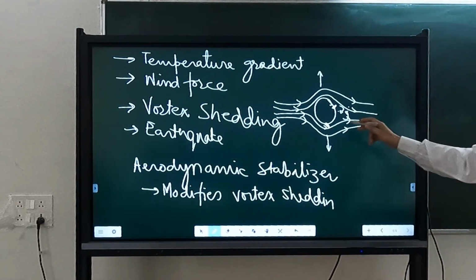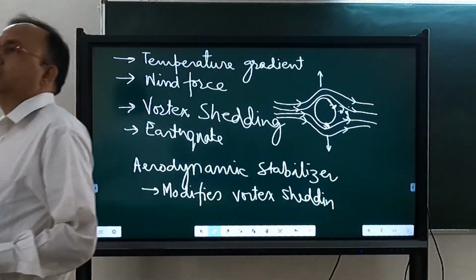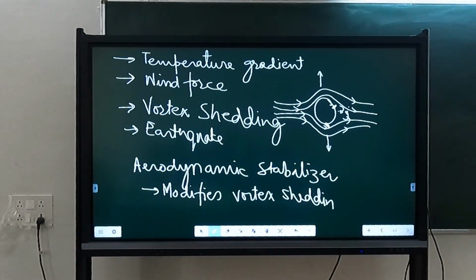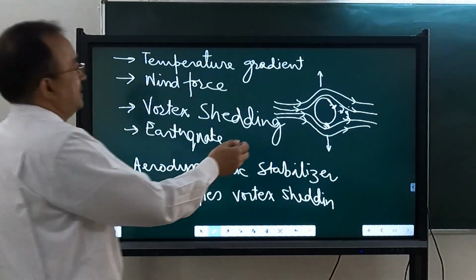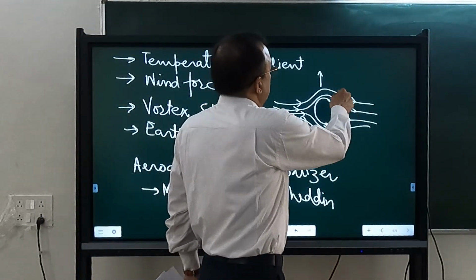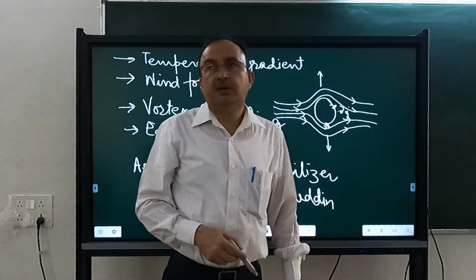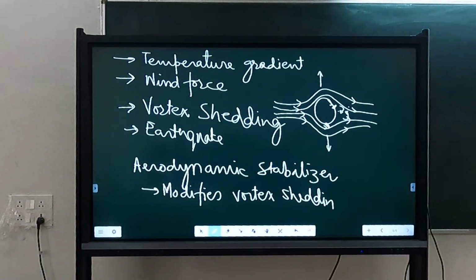Some simple devices like this can also change the aerodynamic character and the frequency gets modified. Or the roughness you generate here will convert the flow from laminar to turbulent.